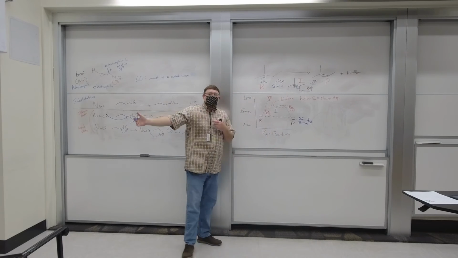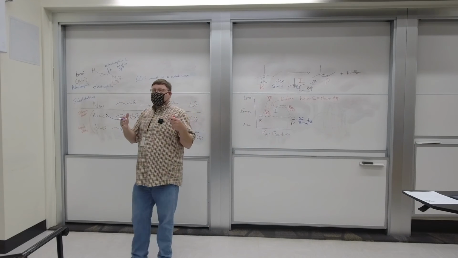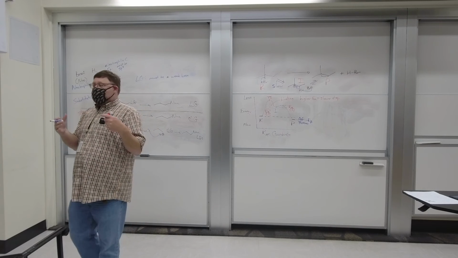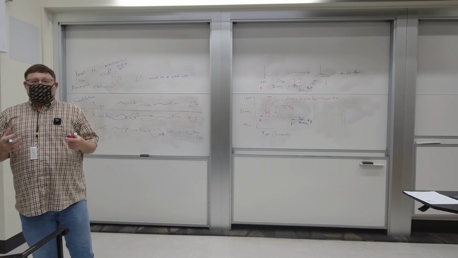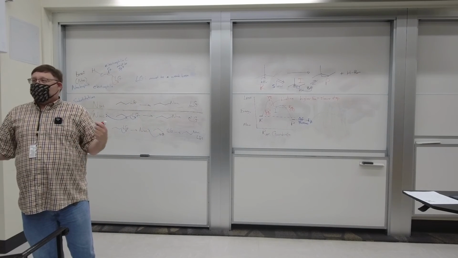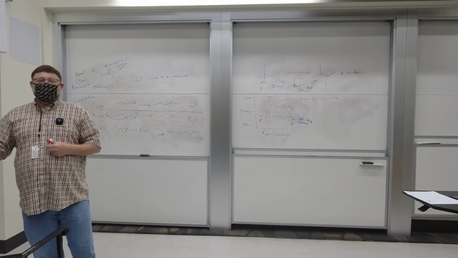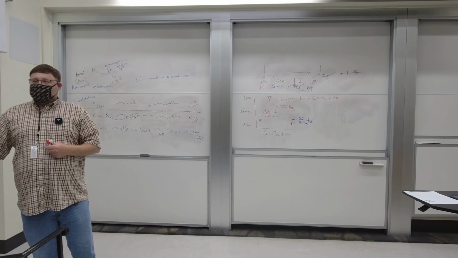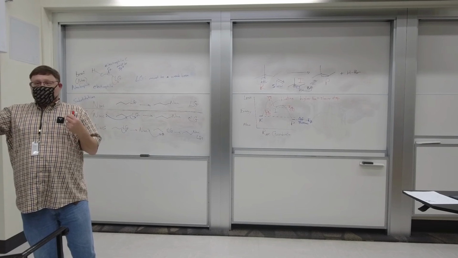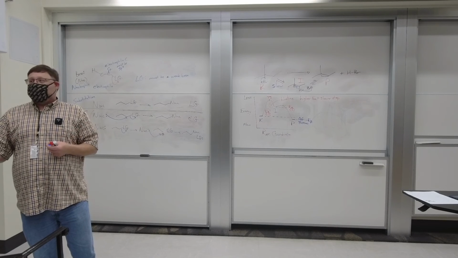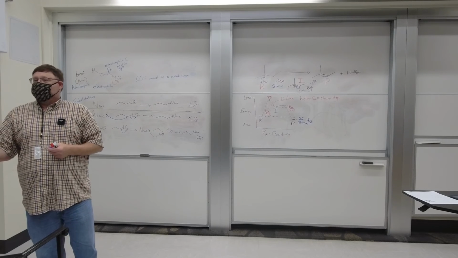the bromide leaves. We take a neutral, closed shell molecule where all the atoms have an octet, and we break a bond, and we get a carbocation and a bromide ion. That should kind of ring some bells that maybe that's not going to be super fast.